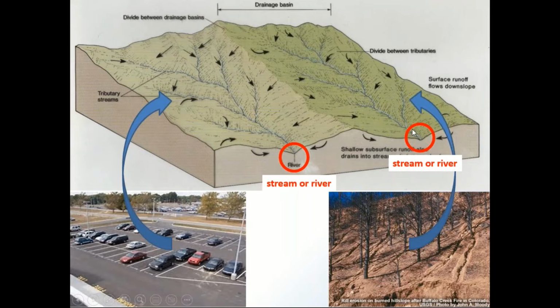The one on the right will be choked with sediment, and the one on the left will be choked with cigarette butts and oil from cars' engines and garbage and whatever else. Needless to say, both of these are not optimal situations with respect to floods, because again, the water's not soaking into the ground; it's flowing over the surface, and that's potentially problematic.